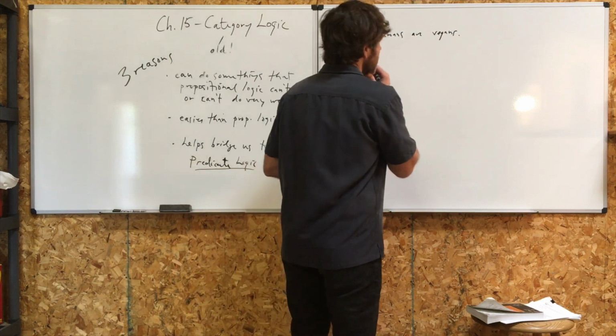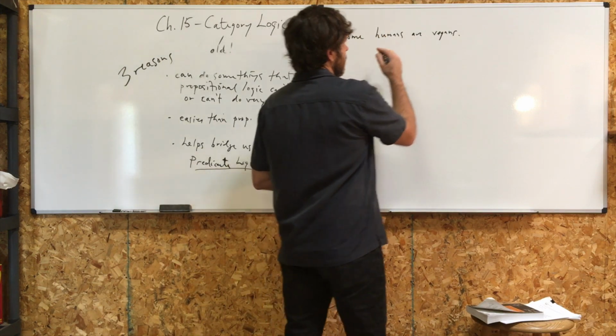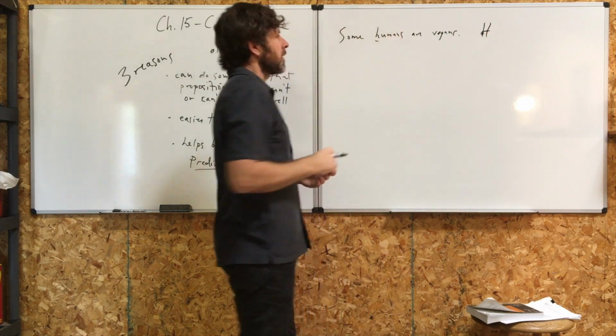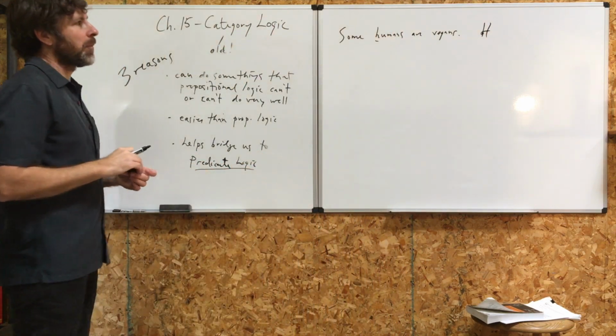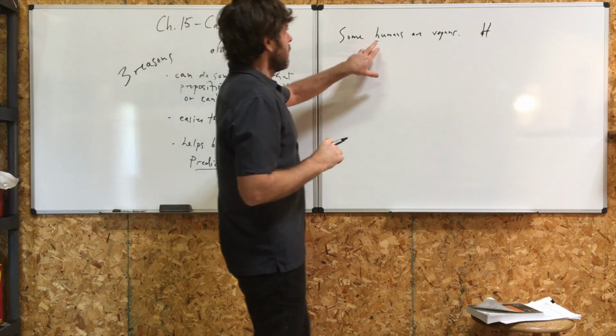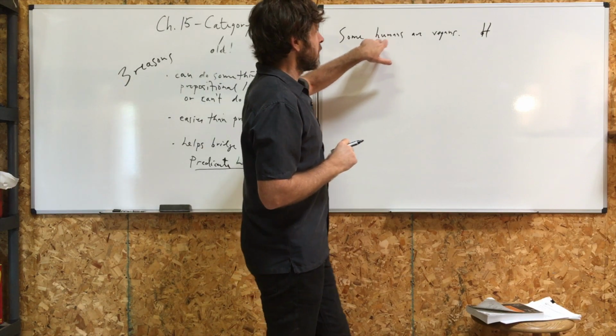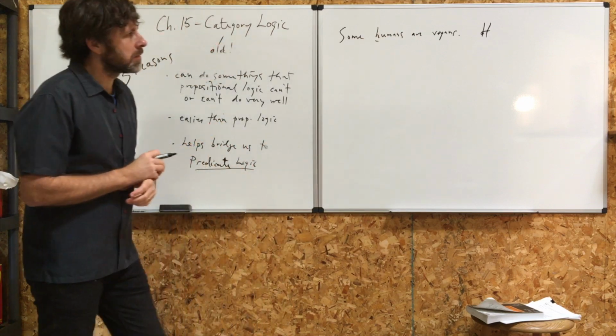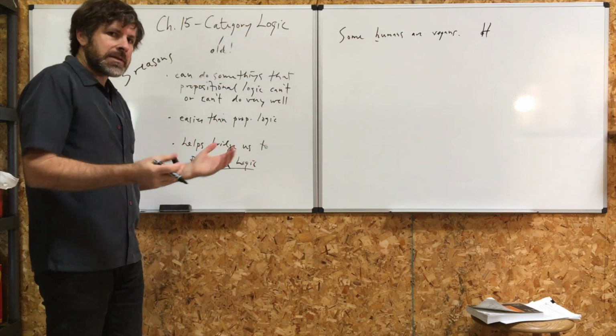It would be something like H. You'd say, oh, that's a simple statement, not a compound statement, and we would just use this letter H here to stand for some humans are vegans. Cool. So that works, I guess, in propositional logic.